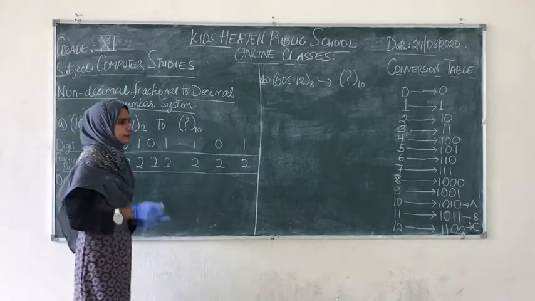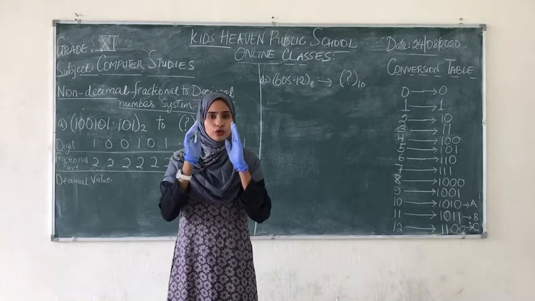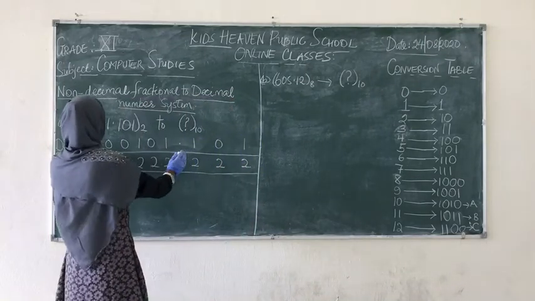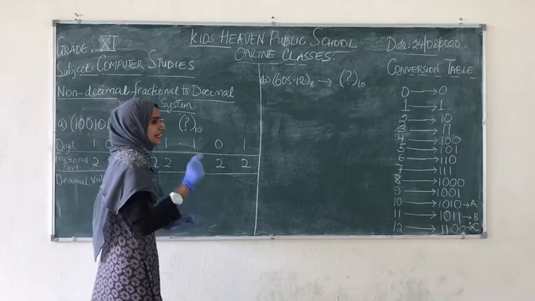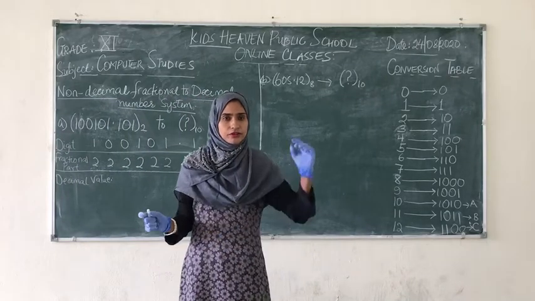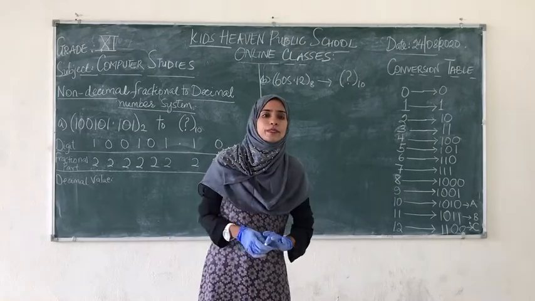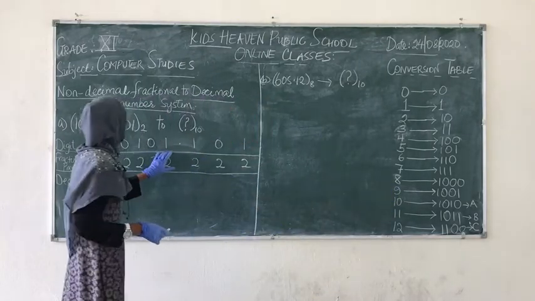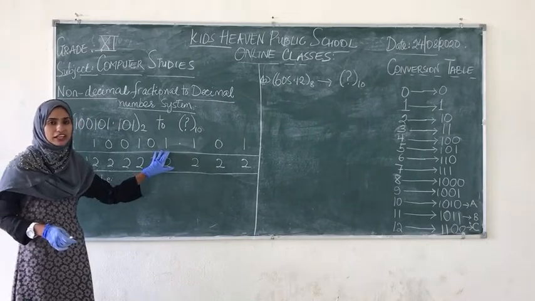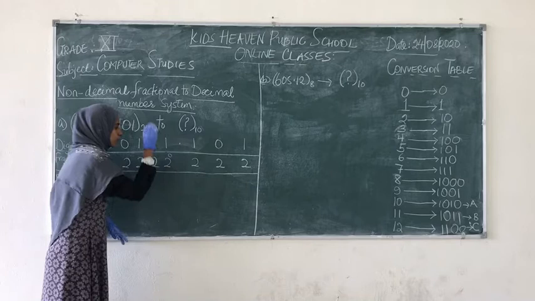Now, remember, when we have a number line of numbers, the left side is the positive side. The right side numbers on the number line are negative. When we begin the counting on the left side, we always begin with a 0.